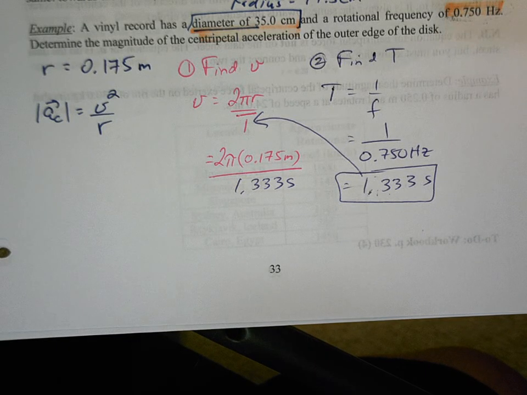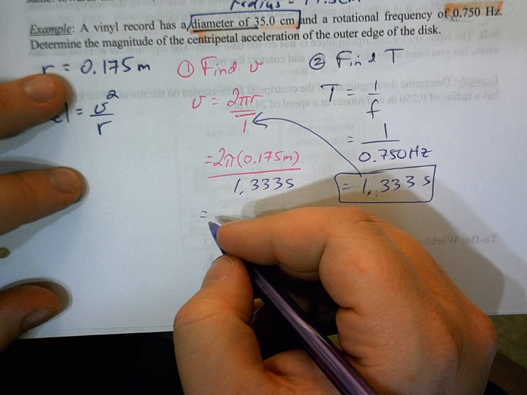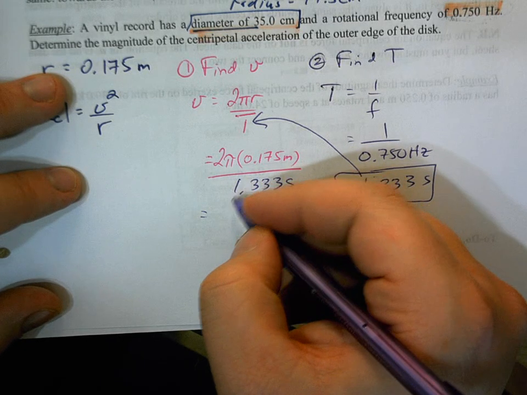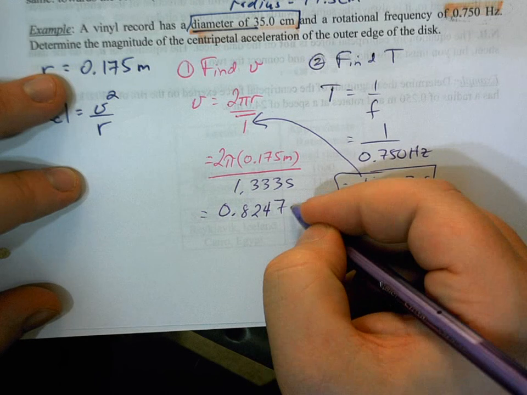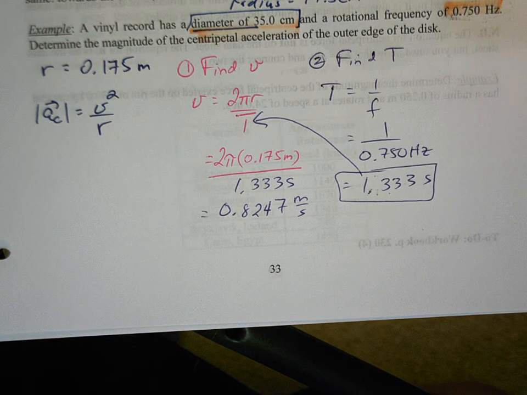So let's have a look here. What are we going to get? We are going to get about 0.8247 meters per second, roughly.